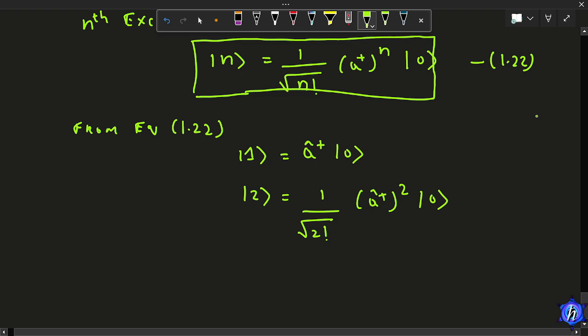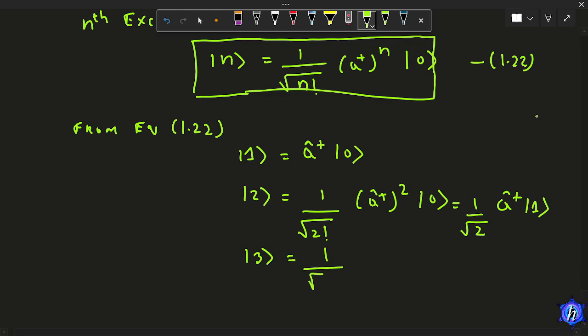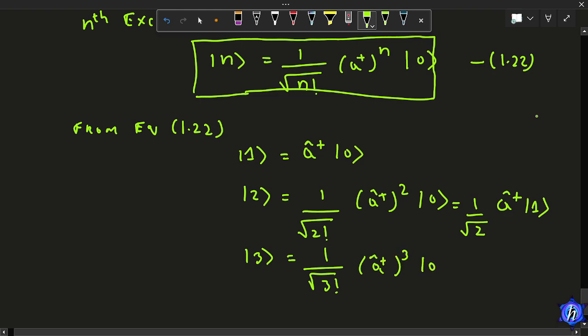To be short, we can write it as 1 by root 2 A dagger of 1. Similarly, let me write it for 3 as well, so we'll have a better understanding: 1 upon root 3 factorial. We are just plugging numbers into this equation, nothing more than that. This can be further written as 1 by root 3 A dagger of 2. So this is equation 1.23.